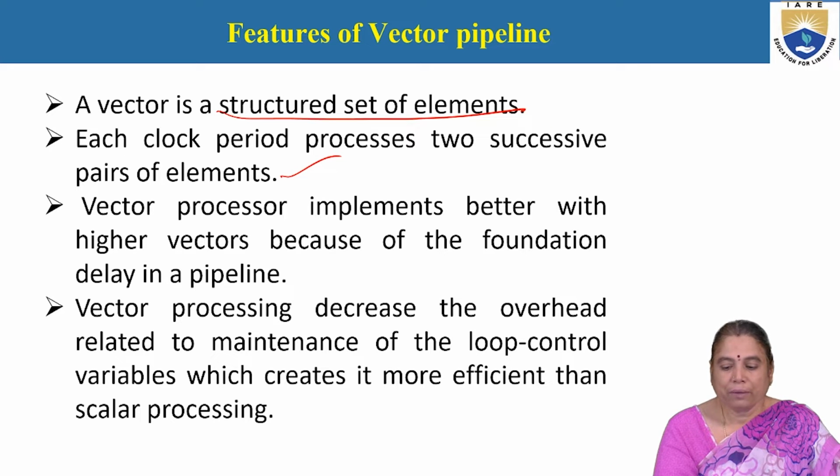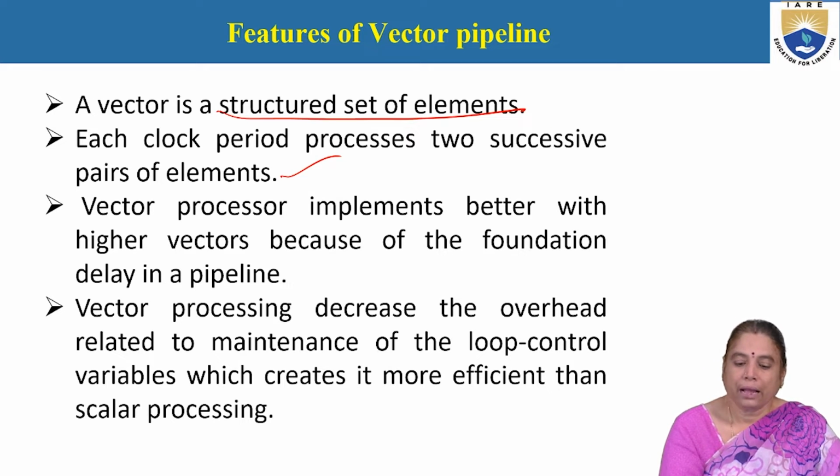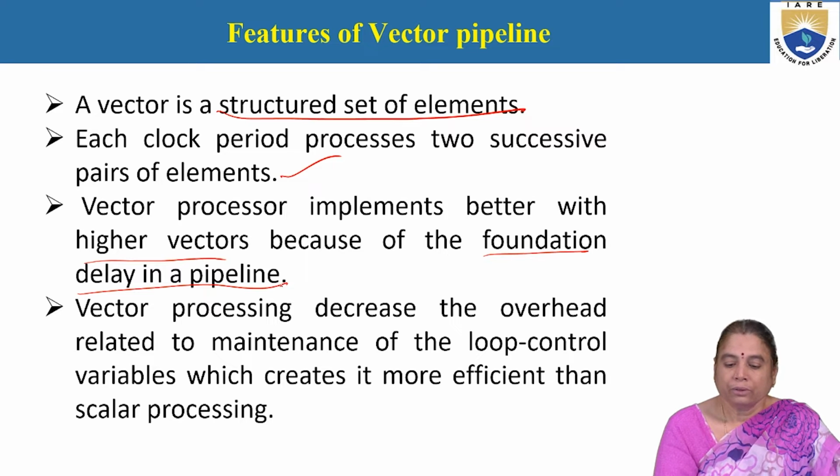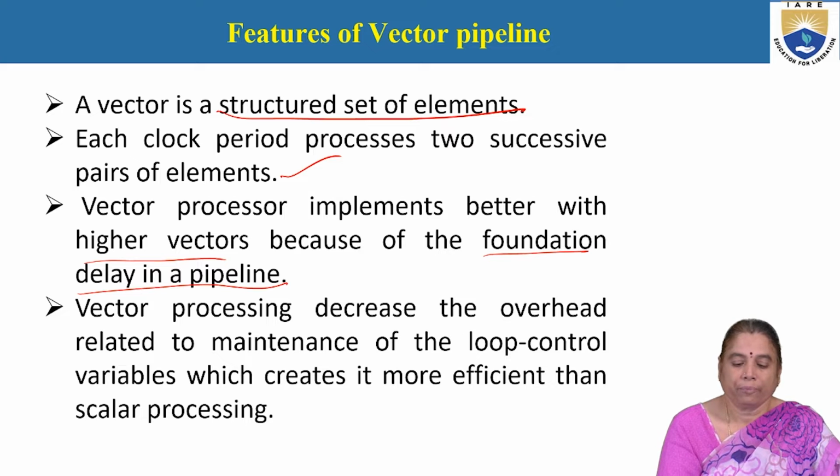A vector processor performs better with longer vectors because of the foundation delays in the pipeline. More data processing is required for scientific and engineering applications, so they can use higher-order vectors. If the order of the vectors is increased, there will be a delay in the pipeline execution.